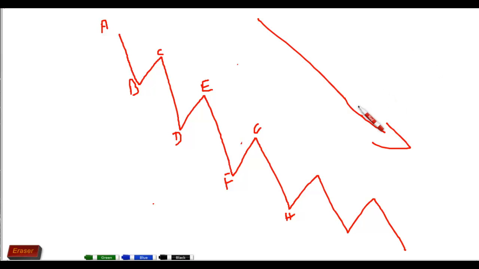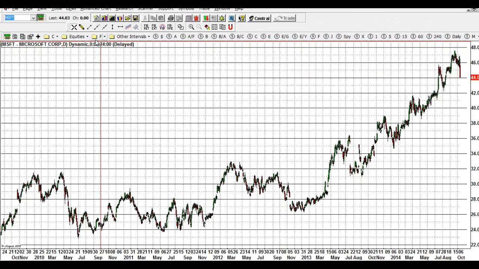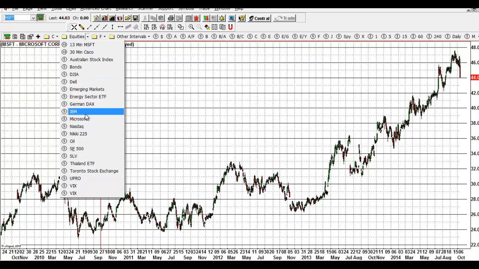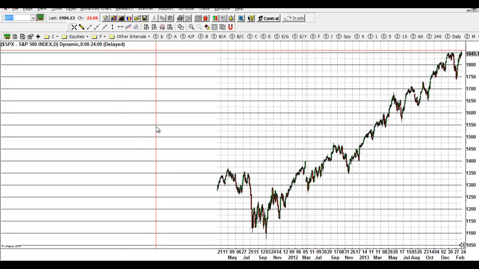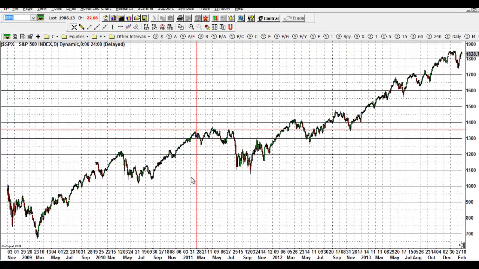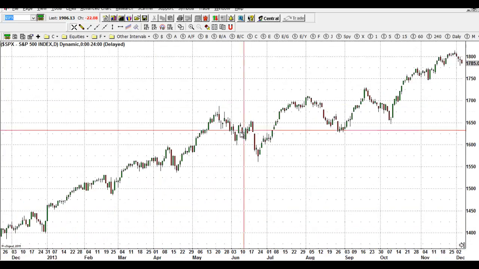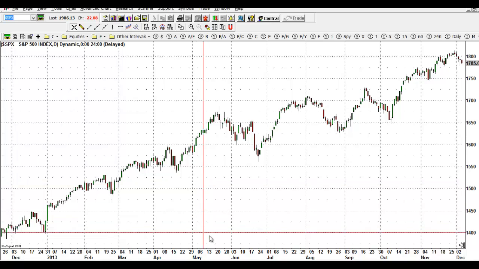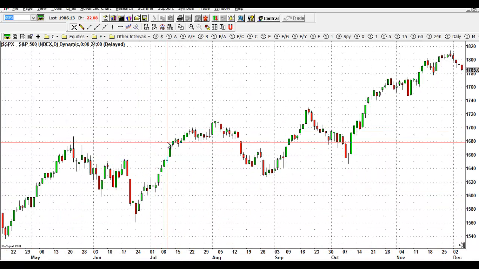So getting back to the chart here, let's take a look at the S&P 500. This is the daily chart of the S&P 500, and each bar is a particular day on this chart. So if I say it's a daily chart, each bar represents one day.